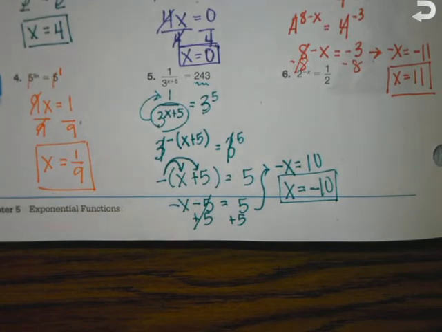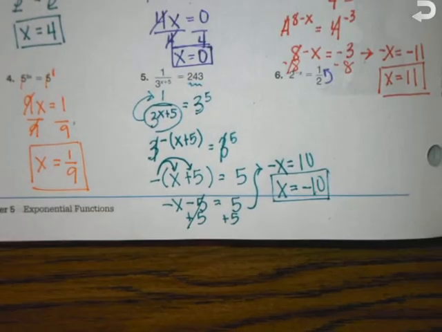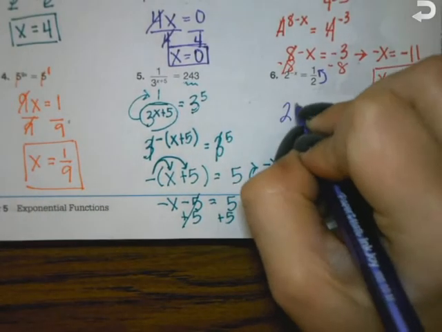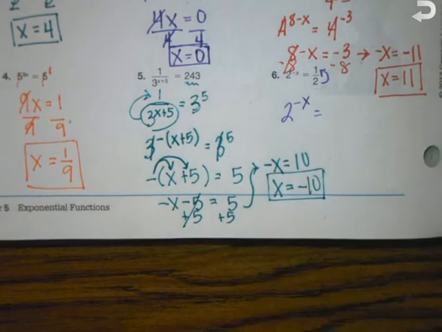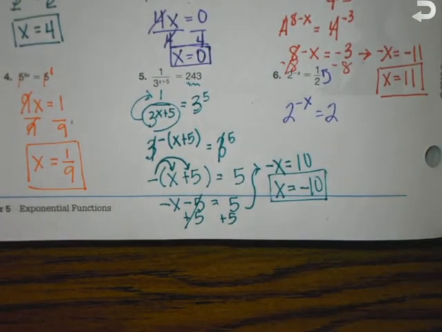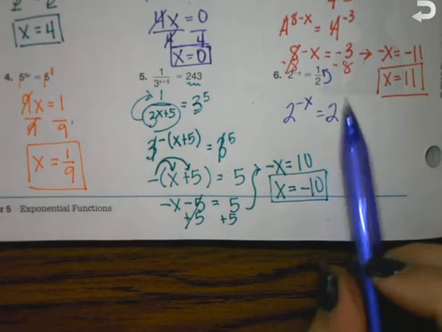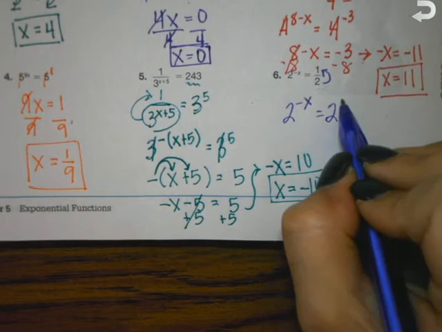What do I have to do? I have to move the 2 up. If I move the 2 up, what does that make my exponent? It doesn't change the value of the number, it changes the value of the exponent. So the 2 stays positive, but the exponent becomes negative 1.